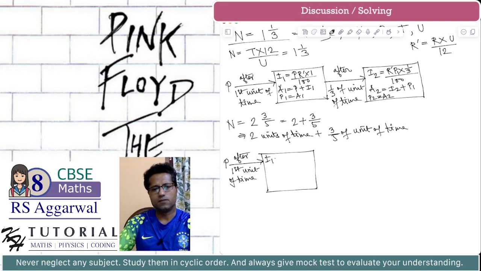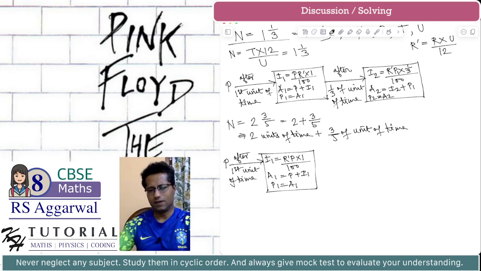I1 will be R dash P into 1 by 100, because we are calculating the interest after one complete unit of time, that is the first unit of time. We have A1 equals to P plus I1, and P1 is equal to A1. Now we will again have another complete unit of time, because the whole part is 2. 2 means n equals to 2 plus 3/5. The 2 represents 2 complete units of time, and 3/5 represents 3/5 of a unit of time.